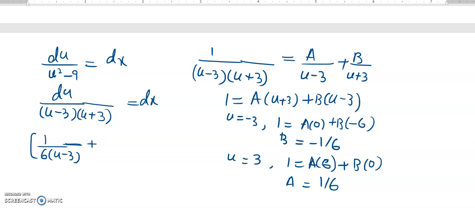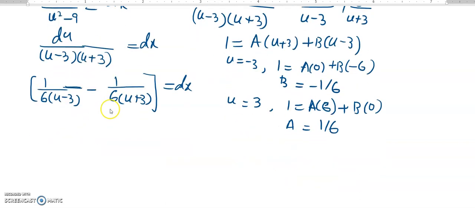So it will be minus 1 over 6 u plus 3 dx. Now, 1 over 6 is common. Now I can integrate it very easily.